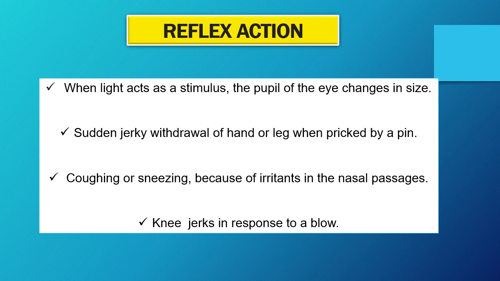So, in all these cases, the common thing is the stimulus. It is the external stimulus. So, the question is, who controls all these responses? How does it happen automatically? The answer is, reflex action is controlled by the central nervous system and spinal cord.